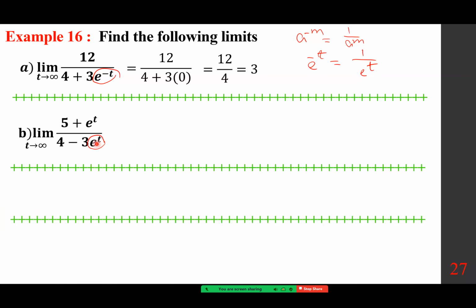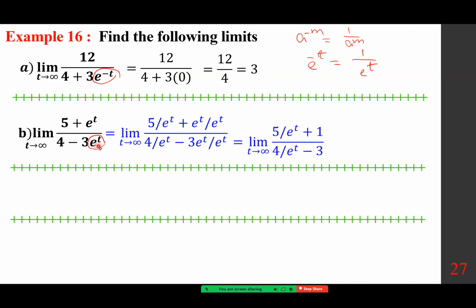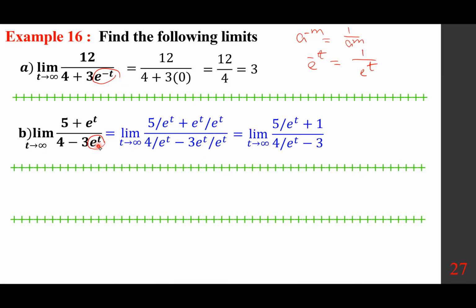Now, we're going to divide by the highest value in the denominator, which is e to the power of t, and it simplifies as follows. If we replace the t with infinity, this goes to 0, this goes to 0, 1 over negative 3, or negative 1/3, is our final answer.